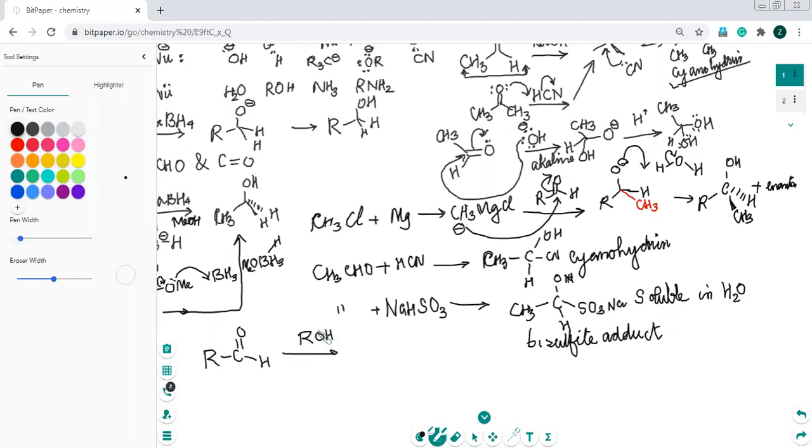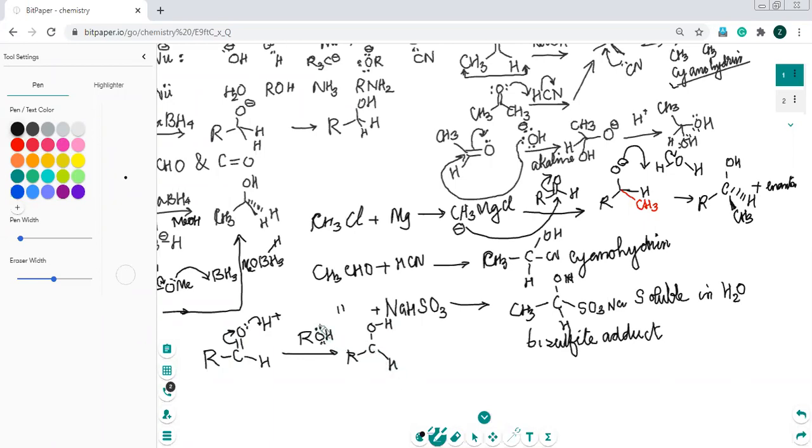Let us see how it works. Suppose it is done under acidic condition, you have H plus, which protonates, this gets shifted, and when this gets shifted, you will get a positive charge on the carbon.